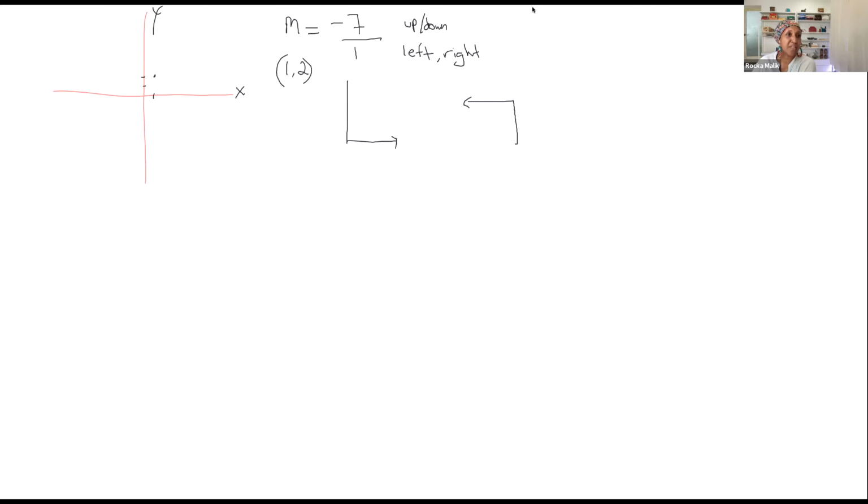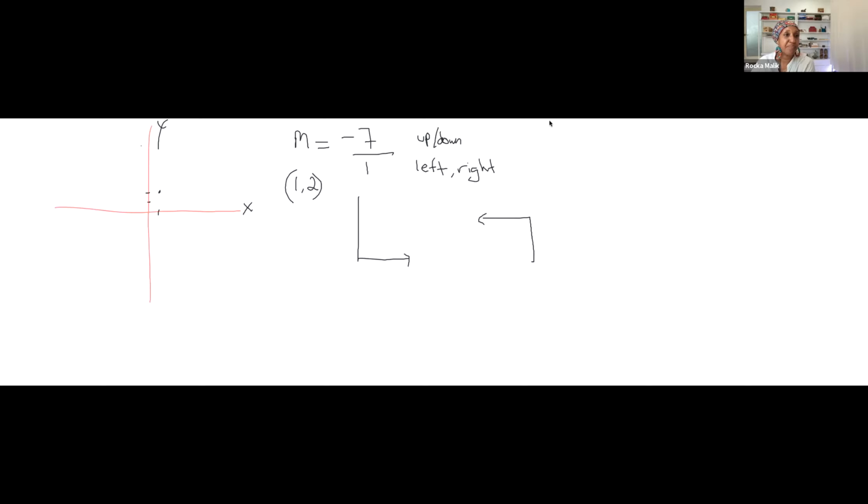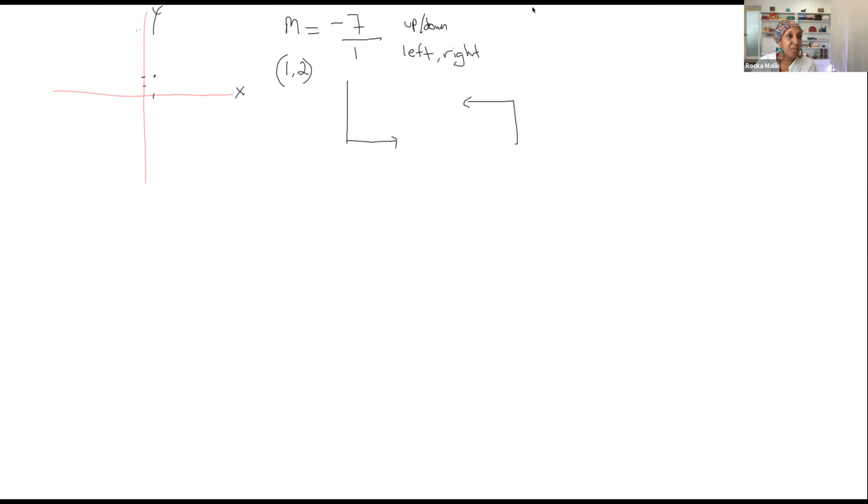Right, because that's why you have to think about what the line looks like. If I'm here and I go up 7, I don't want to go this way. I want to go this way because I want to end up with my line going negative. I want to end up over here-ish because I want my line to go down.